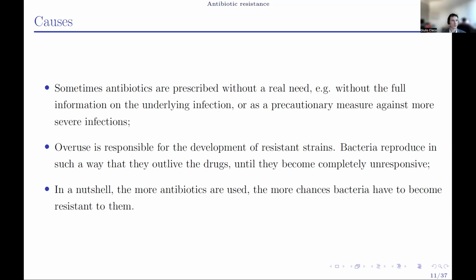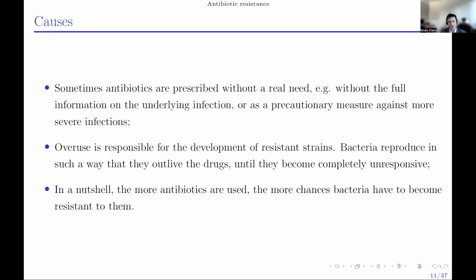So as you know, the main driver of resistance is the overuse of antibiotics. That could be over prescription or over consumption. It depends. And of course, this over consumption is responsible for developing the resistant strains, because the bacteria reproduce in such a way that they can survive the drugs, and so they become more resistant, and that's why we call it resistance to antibiotic, because they resist the effects of the antibiotics.